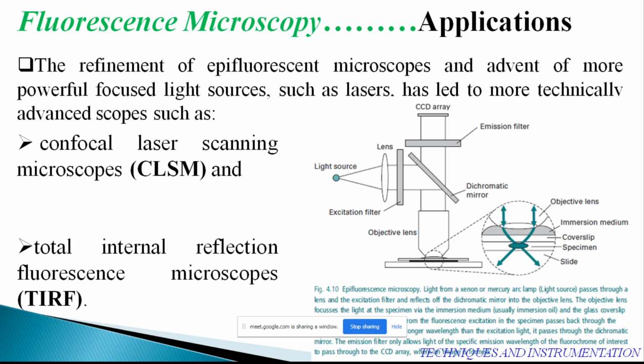Now, CLSMs have a great advantage in that they are able to produce sharp images of thick samples at various depth levels by taking images point by point. So we can go on scanning at different depth levels and reconstruct all these depth levels in the form of a computer aided image rather than viewing a whole image through an eyepiece. So this is the advantage of CLSM.